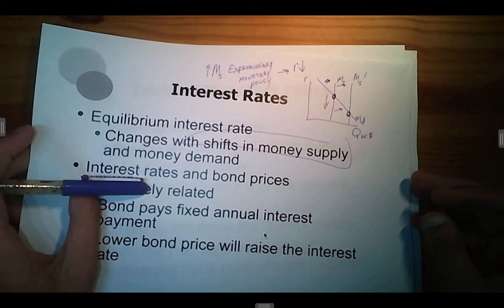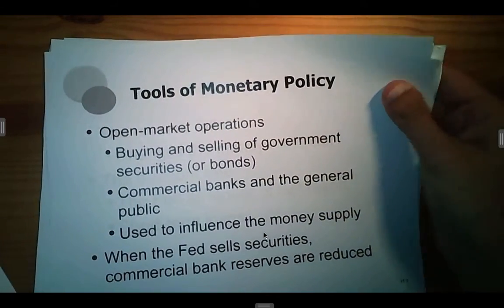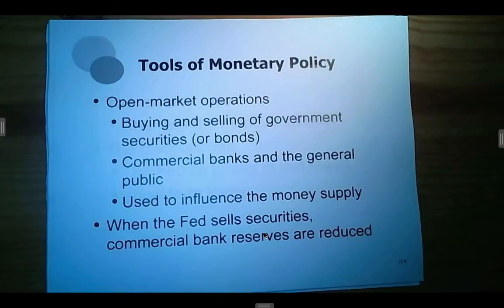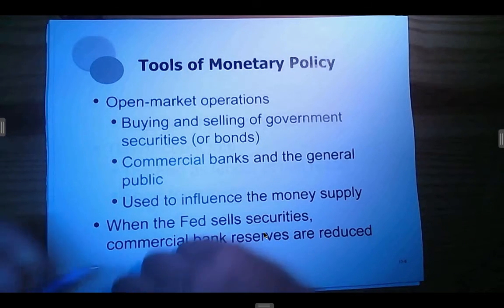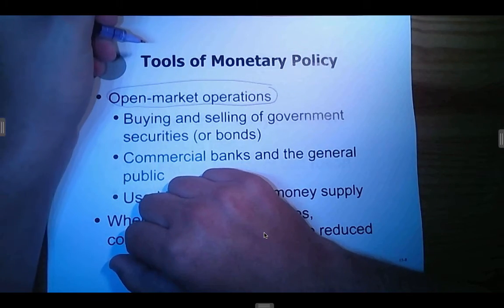Now, the question would be, how does a central bank like the Federal Reserve, or sometimes just called the Fed, change the money supply? Well, the primary way the Federal Reserve changes the money supply is with what's called an open market operation.